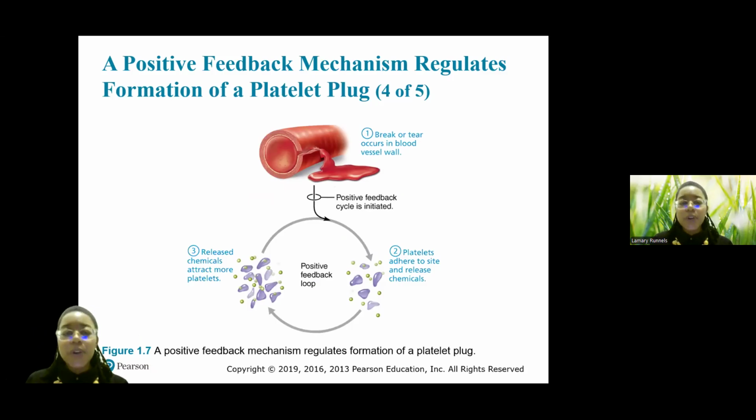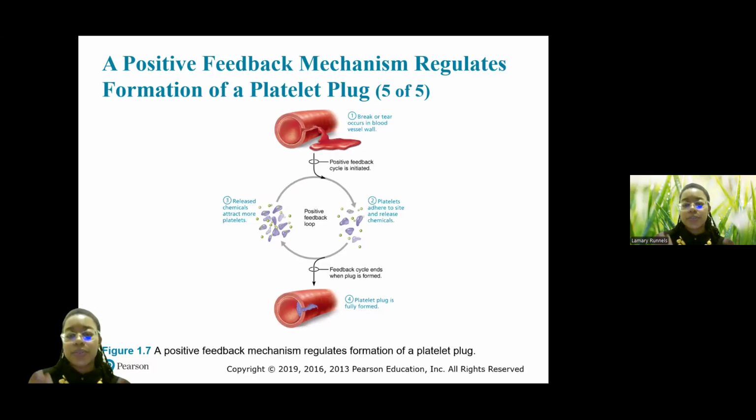More chemicals are released and it attracts more platelets, and the whole thing keeps doing this cycle until you plug up that tear and it doesn't leak out any blood anymore. So that's a platelet plug, and that's an example of positive feedback.